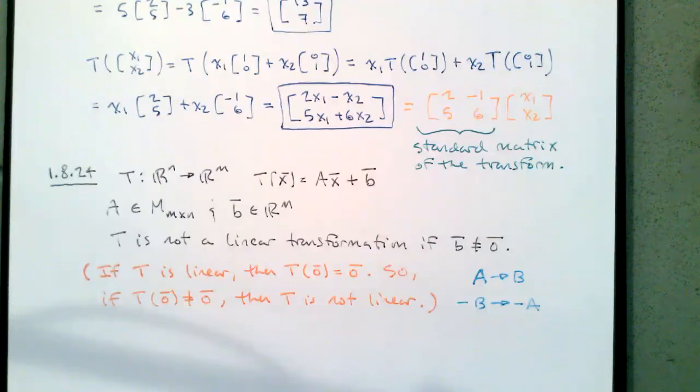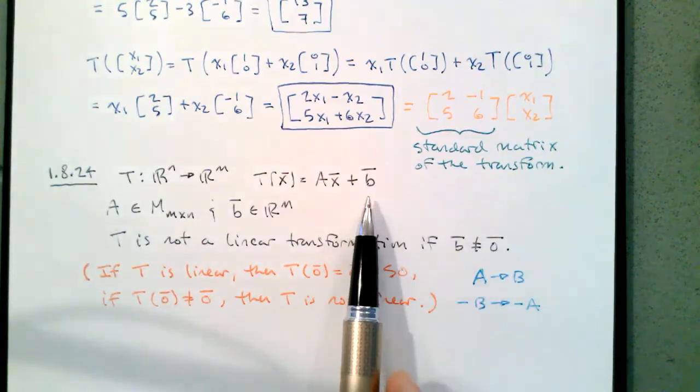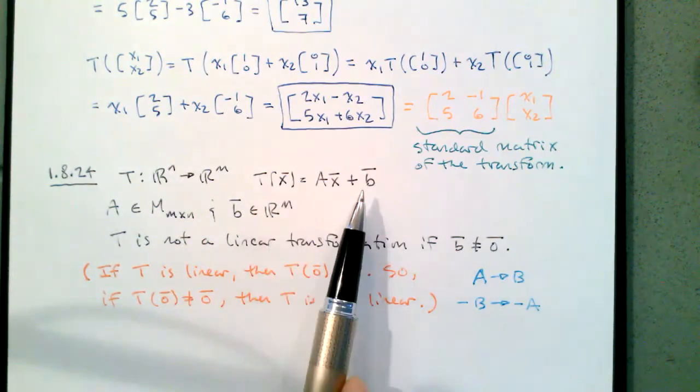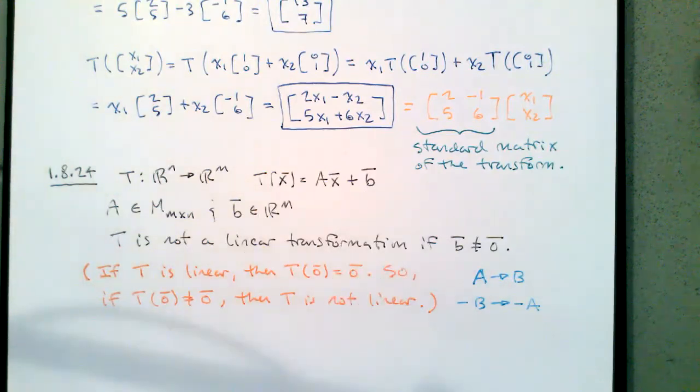So the easiest way to show that T is not linear if b is not 0 is to show that the image of the 0 vector is going to be equal to b. So that's what I want to use.